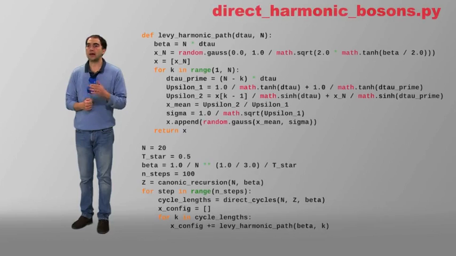So, before continuing, please take a moment to download, run and modify the program direct harmonic boson.py that we discussed in this section. This is the last point of our development in quantum statistical mechanics. It is remarkable that for such an intricate problem we can write a rejection-free algorithm as if we were on the Monte Carlo beach.